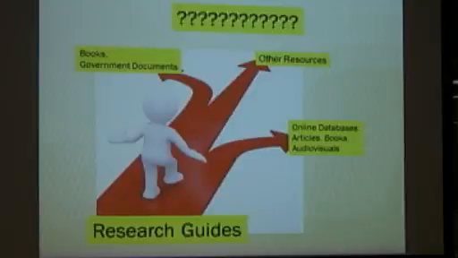When you're starting your research on any topic, there are a lot of different avenues or paths that you can go through. We have things here in our collection for books, both e-books and regular print books. We have government documents, online documents, print documents. We have our online databases where you can get articles.